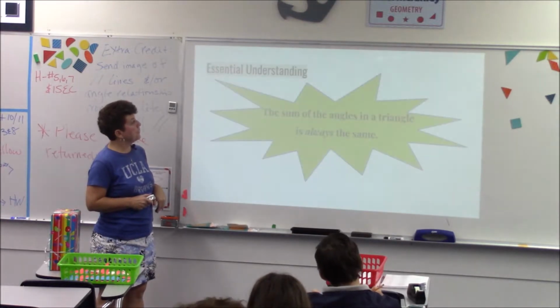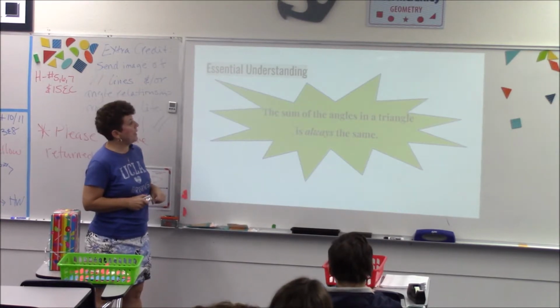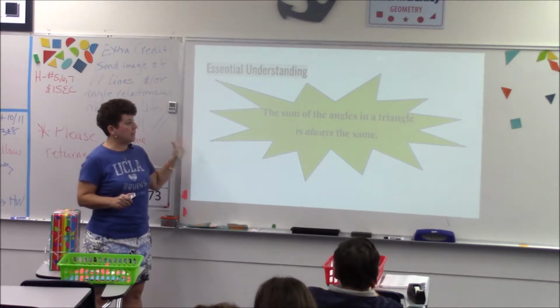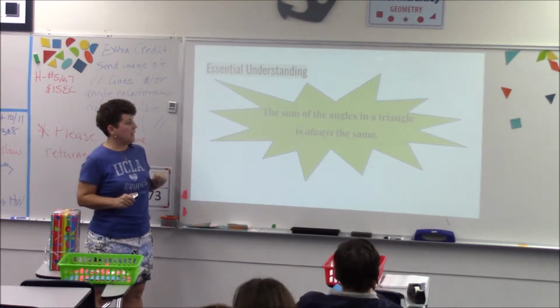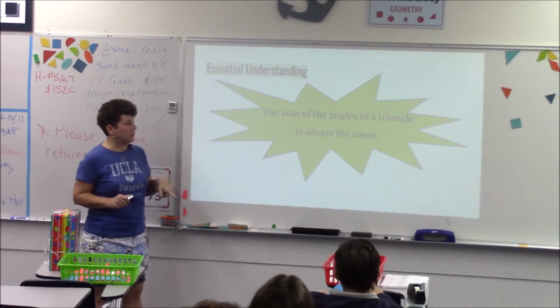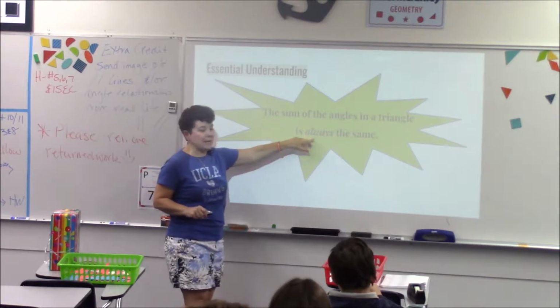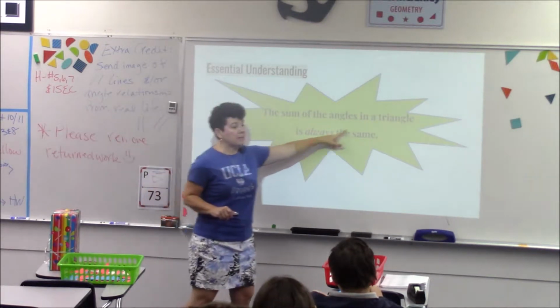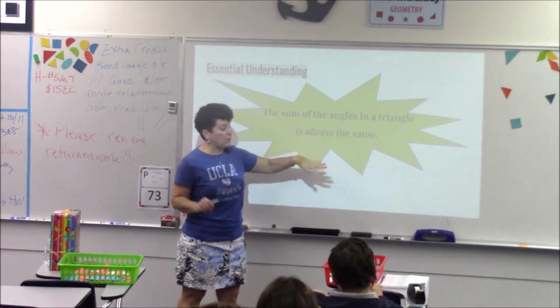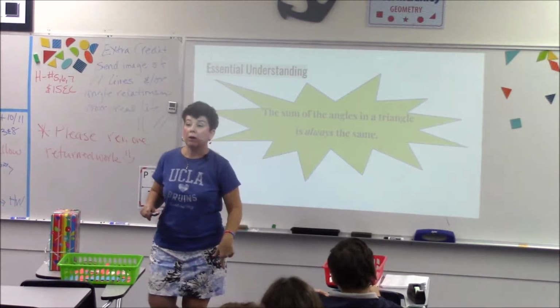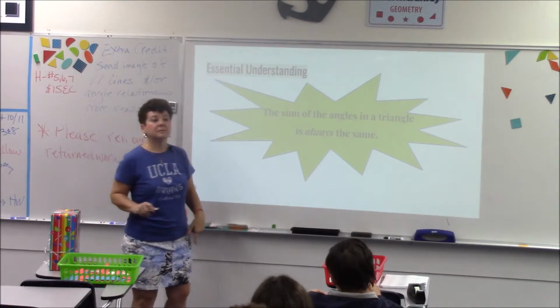First we have a very big point, and you're going to hear me say this a lot because we're going to use it a lot. The sum of the angles in a triangle is always, everybody say always, always the same. We're going to talk about what it is in a minute, but we know that it's always going to be the same. Question for us, how many angles are there in a triangle? 3.